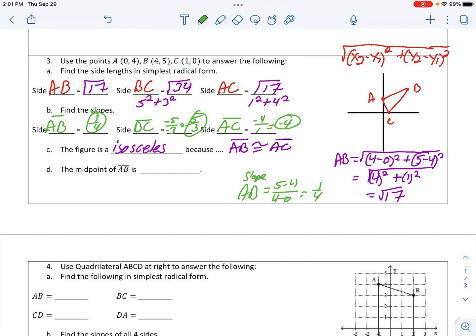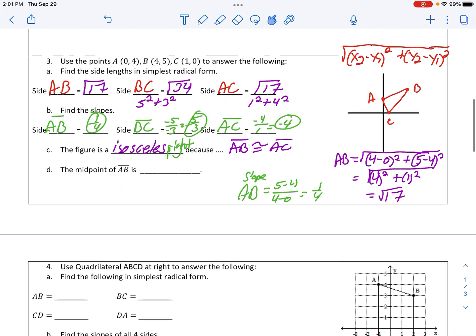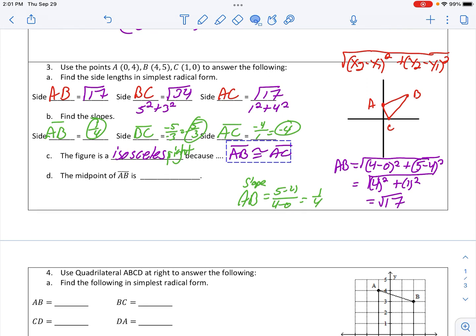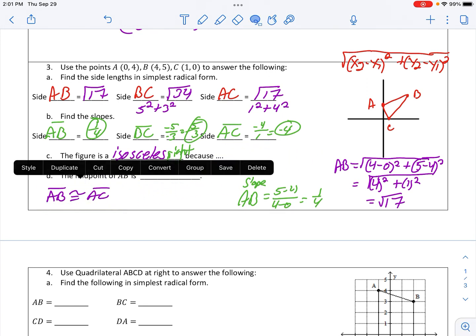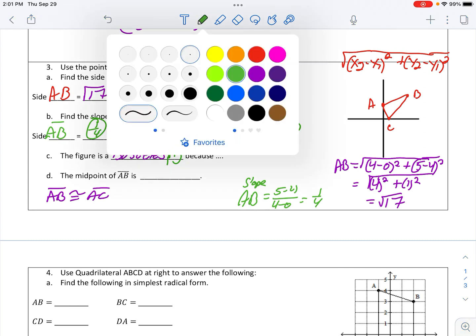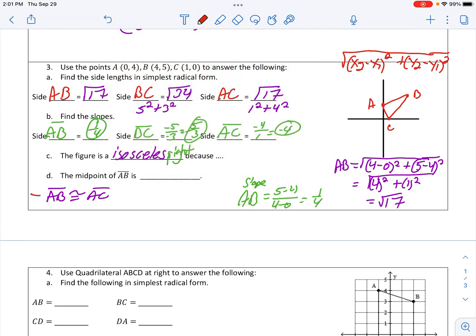Okay, so because of that, I'm going to say it's isosceles, and I'm also going to say it's right. So I took care of the isosceles part, and I'm going to grab the isosceles part and move it down here, and I'm going to complete my explanation.